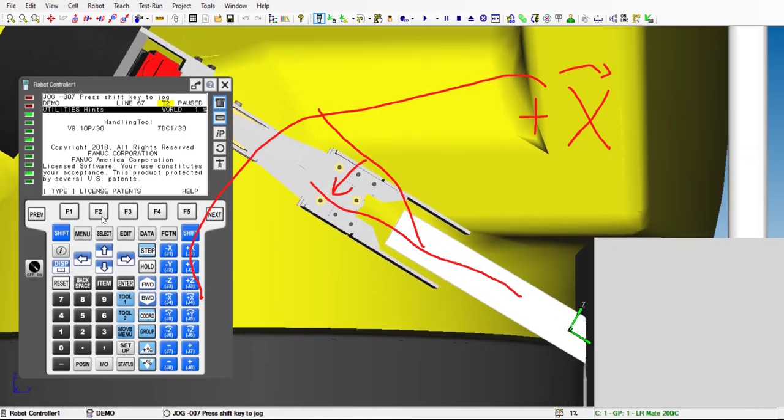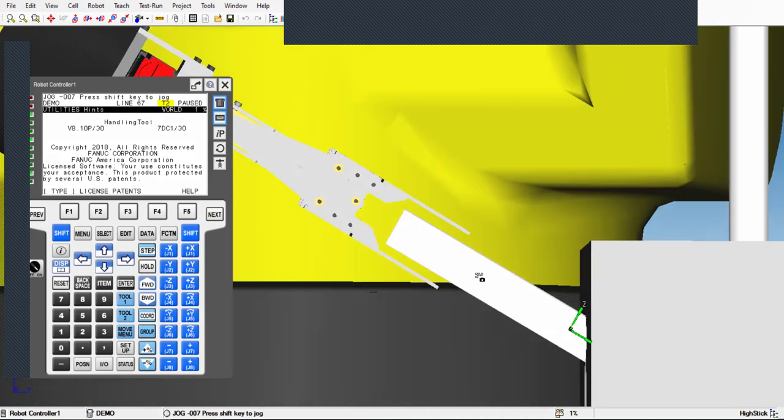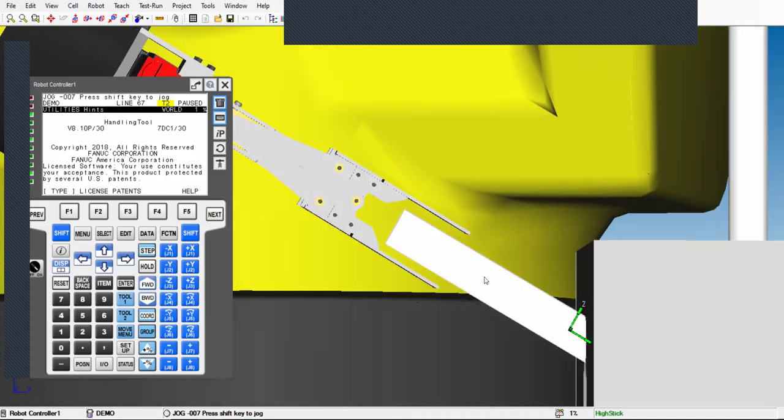So if we remove all the lines I draw, we can see better maybe here, right? So I think you got the idea from what I just demoed, right? In this way you can do some minor adjustment to make the location of your tooling as perfect as possible, right? Okay.